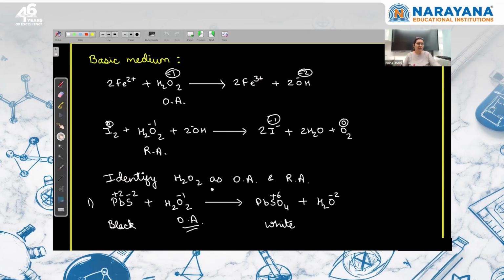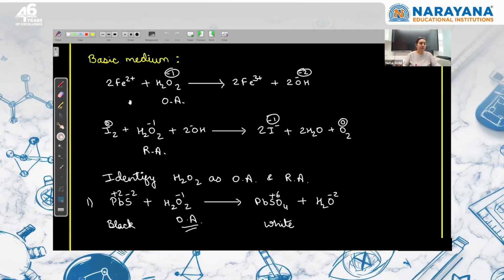Okay. Going further, basic medium may also you can see this type of redox. Fe2 plus, say this iron is oxidized. So H2O2 is acting as oxidizing agent. For iodine, you can see it is being reduced. So here it is acting as reducing reagent. Okay.